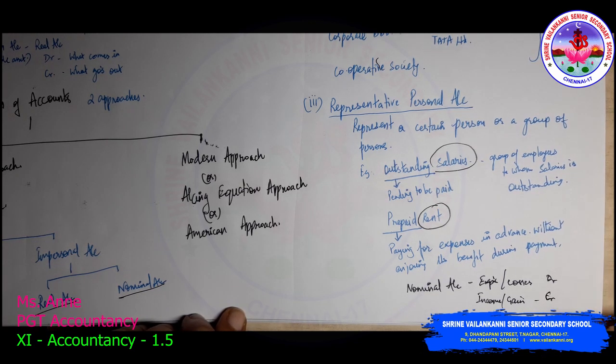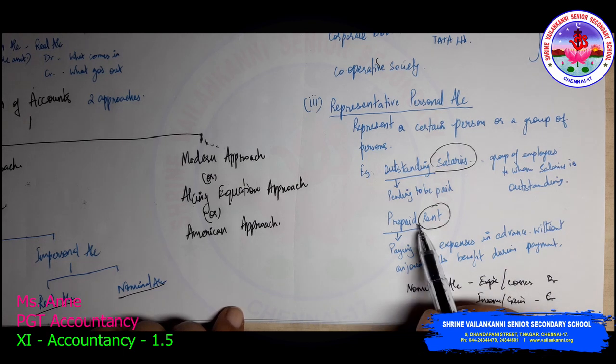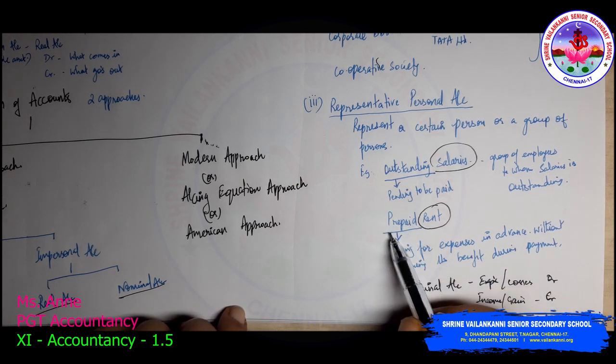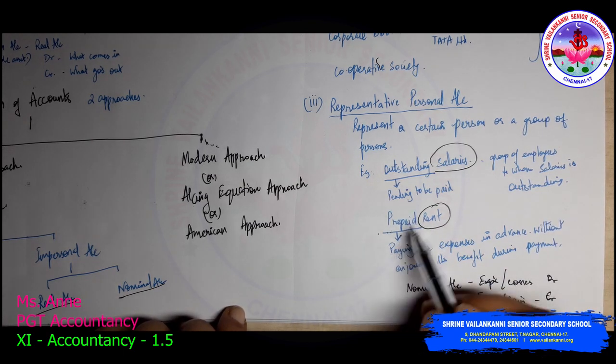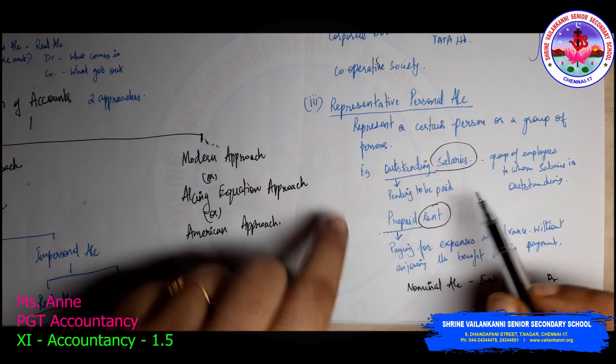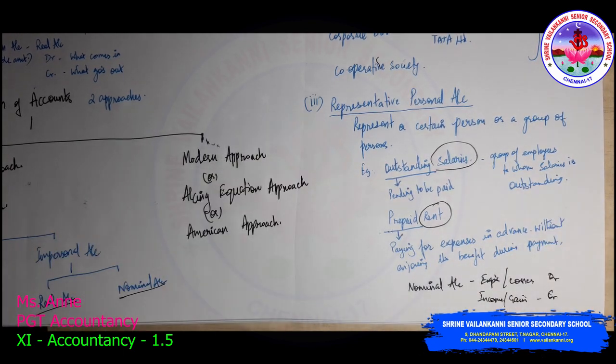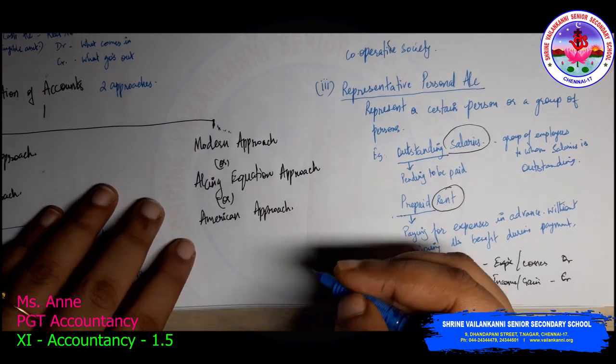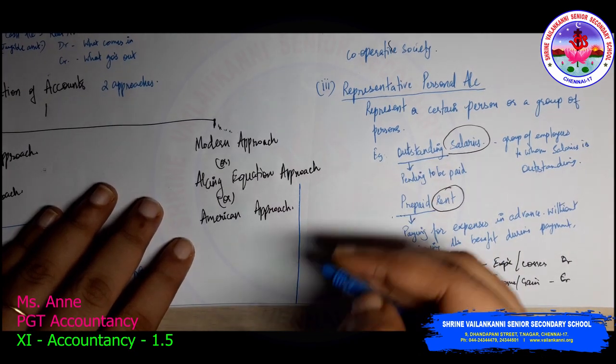This is what nominal account says. If there is any word added in front of this or at the back, then it is called a representative personal account. So if you want, you can take it as a note.